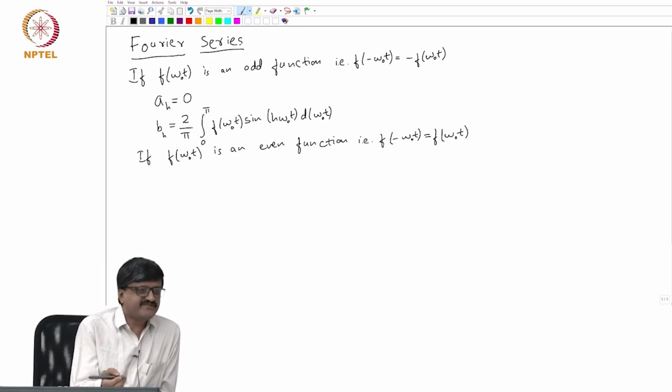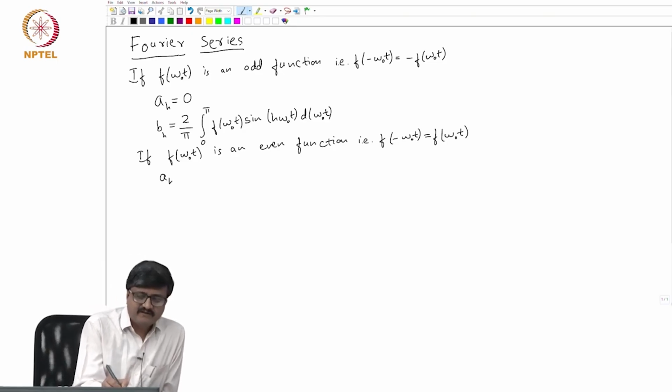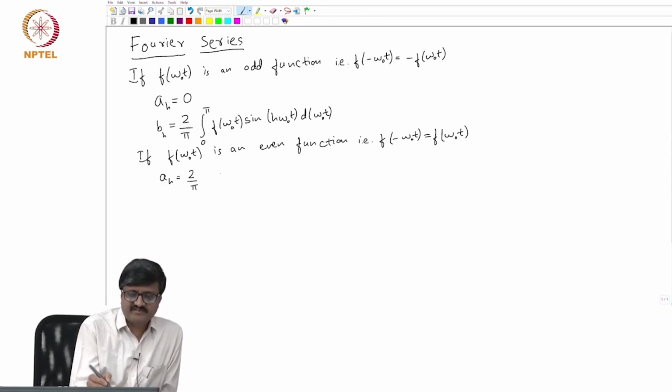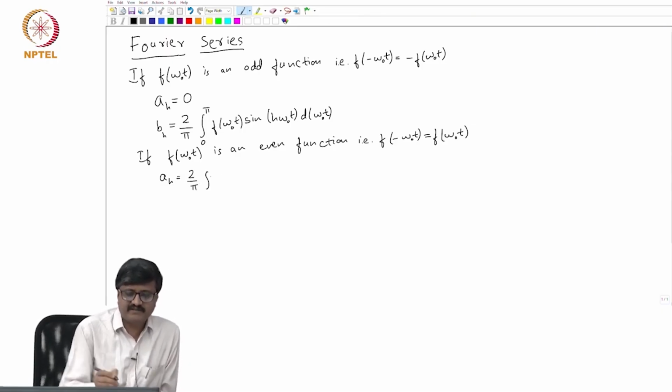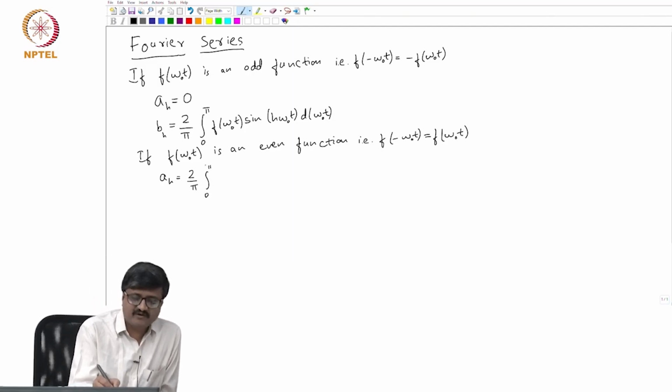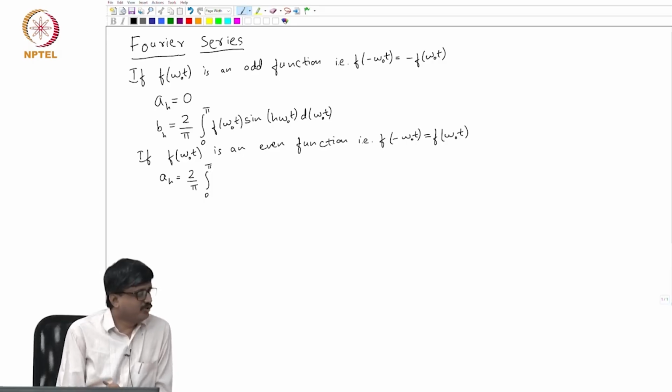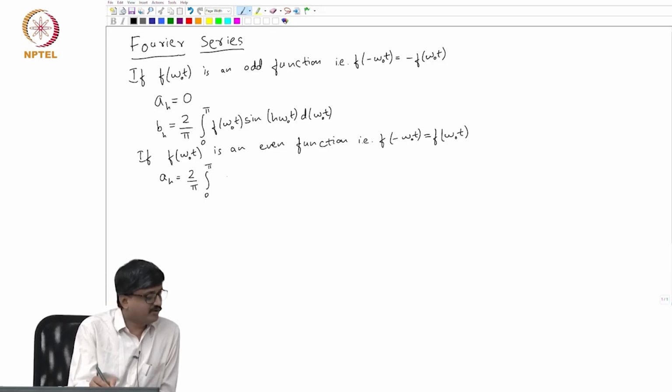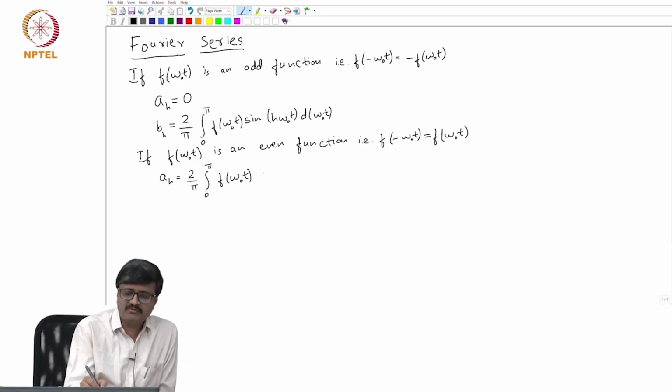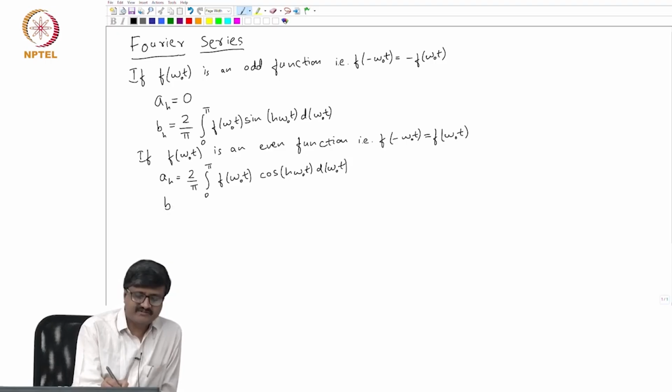In this case B h is 0 and A h has an expression which is simpler than the original expression. Again the integration is only for pi radians. So, A h is 2 by pi integral 0 to pi f of omega o t cos h omega o t d omega o t, and B h is 0.